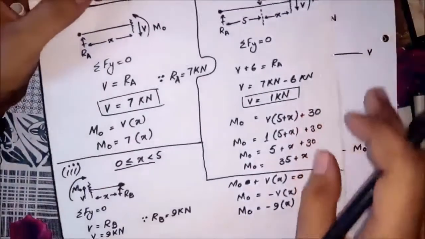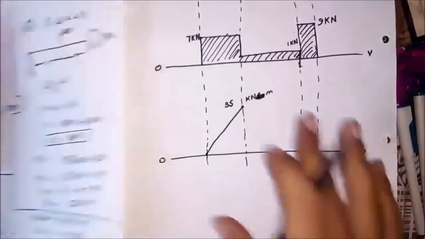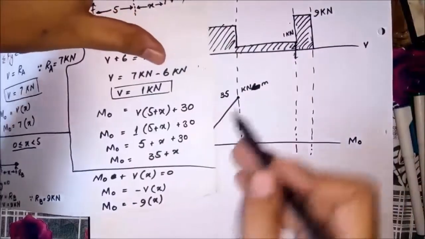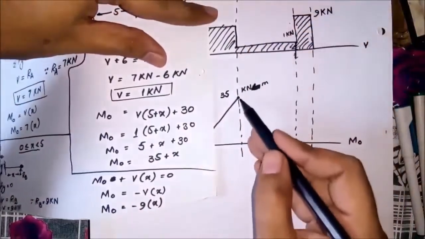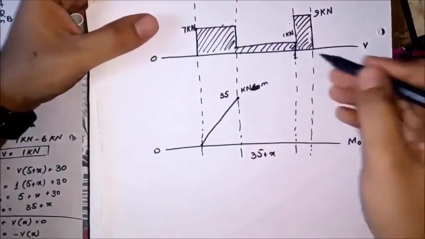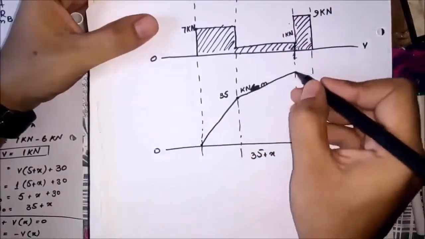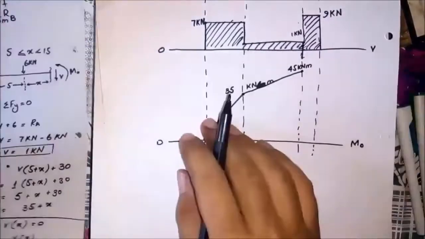For the second section, MO is equal to 35 plus x. For the second section, at this vertical line, x is equal to 0 and it increases from 0 to 10. That way, MO will increase from 35 to 45.